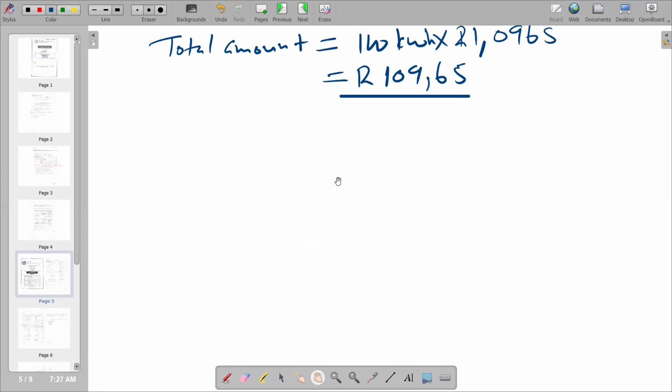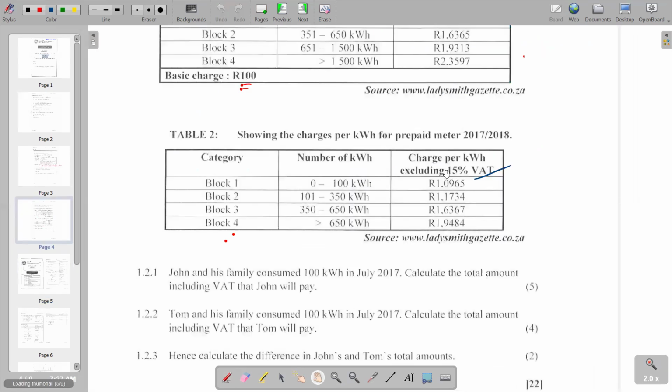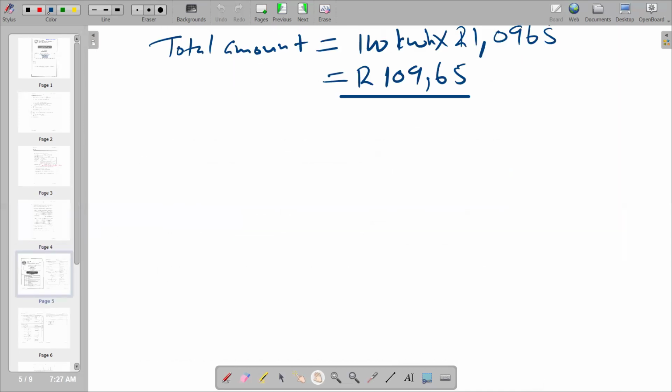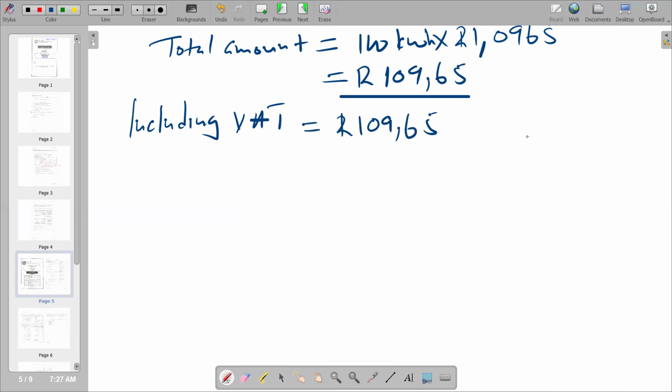But we know that the amount that we are given is excluding VAT, but the question needs us to include VAT. So you're just supposed to add our 15%. Including VAT is equal to 109.65 cents, and then we add in brackets, we multiply 15% times 109.65 cents, to get your VAT amount.